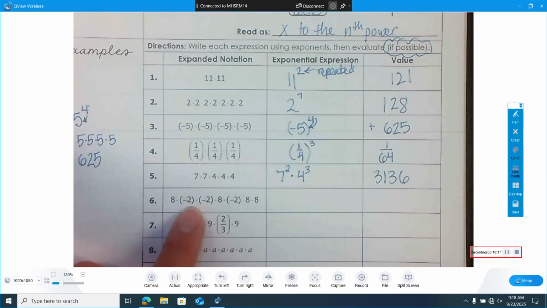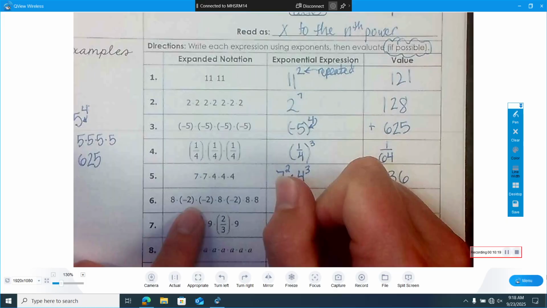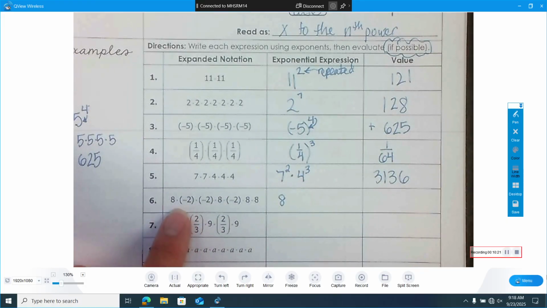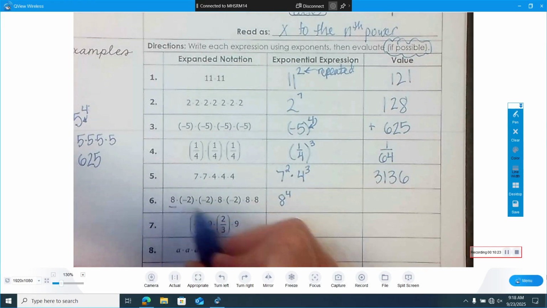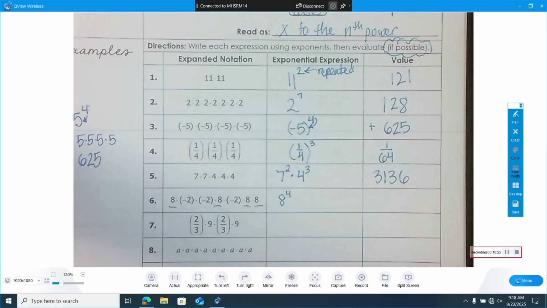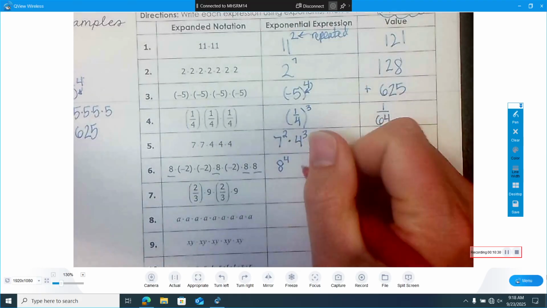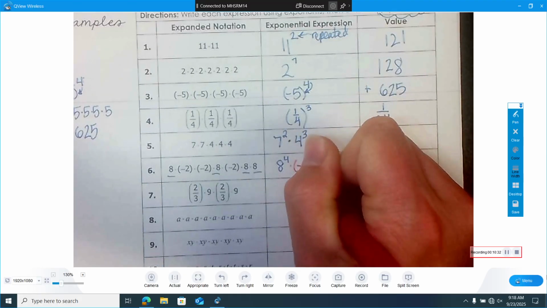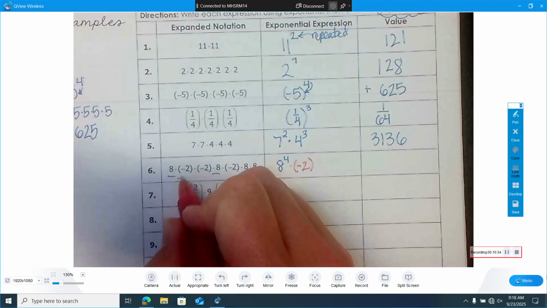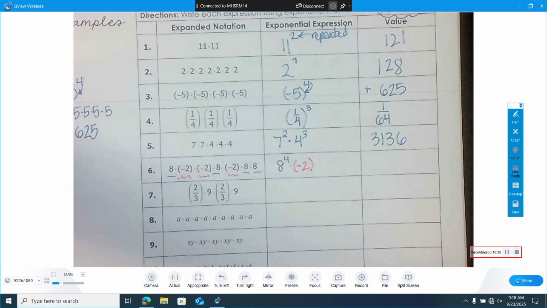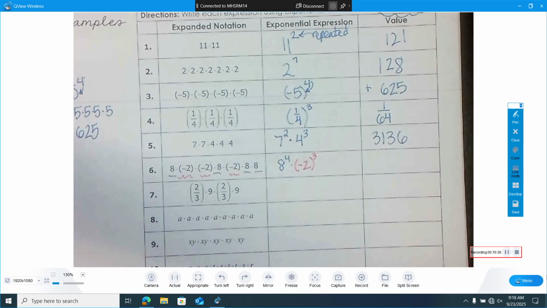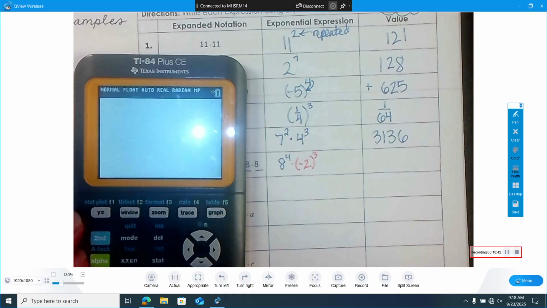All right, let's look at number 6 here. What's one of my bases? 8. 8 is repeated how many times? 4 times. 1, 2, 3, 4. And then what's my other base? -2. Notice the parentheses there. I want to keep those in there. How many times is -2 being repeated? 3 times. Very good. So again, I can evaluate this because it's all just numbers.